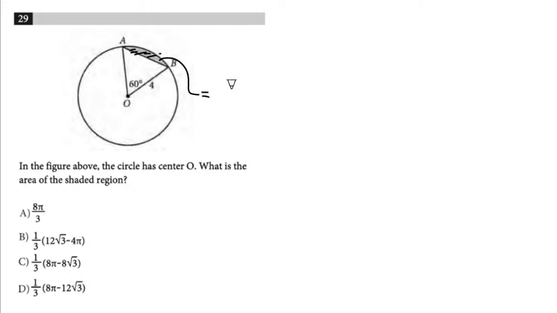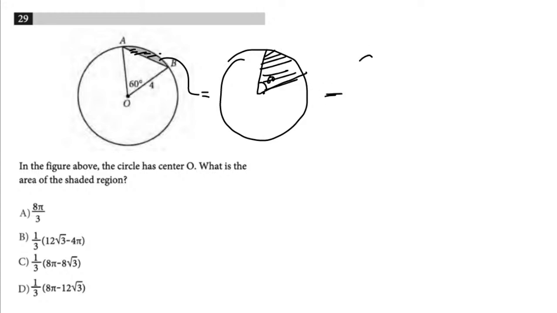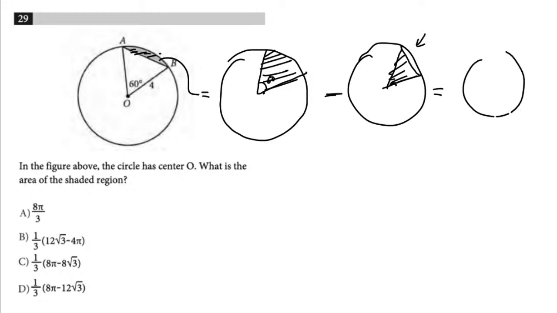It equals this region, this 60 part, this all, minus the area of the triangle that it forms. So then we'll be able to find the area of this small part, the shaded region, right?